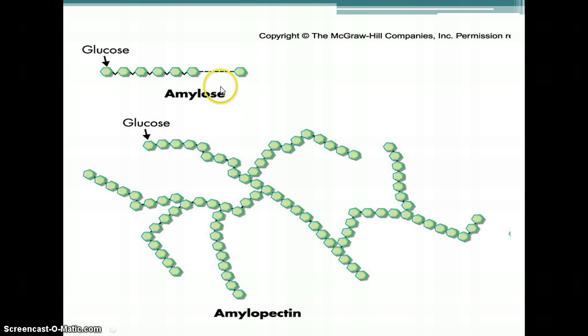So there again, amylose and amylopectin are the two predominant starch molecules, and each one of these hexagons represents a glucose molecule.